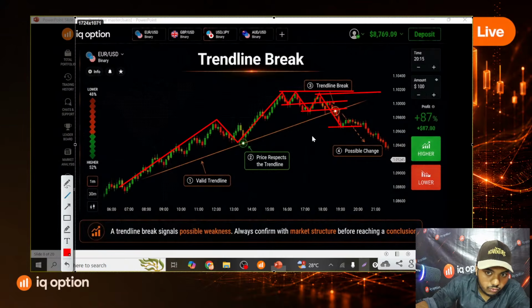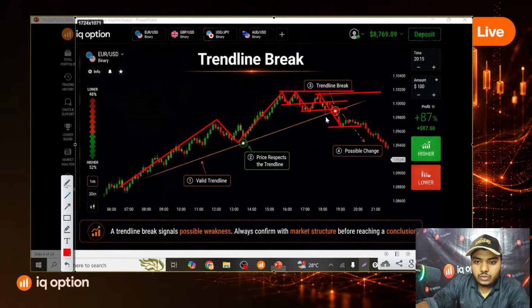That's how we get the confirmation the trend has changed. Also, we have another confirmation that our strong trend line is broken. That means there is a high possibility the market is going to push in the downward direction drastically in the future.